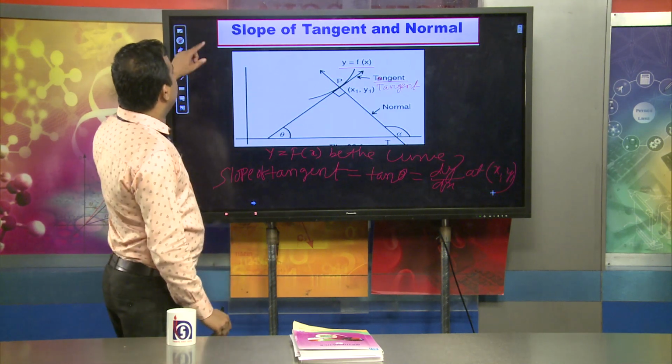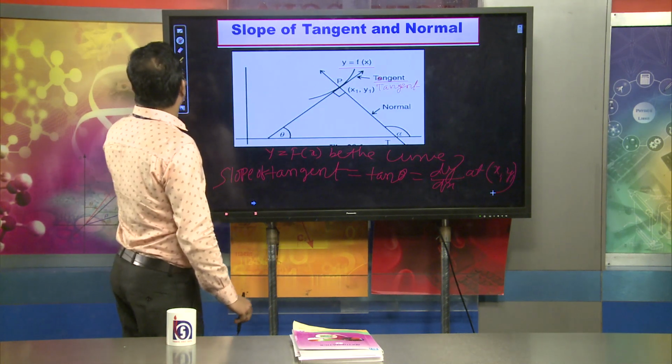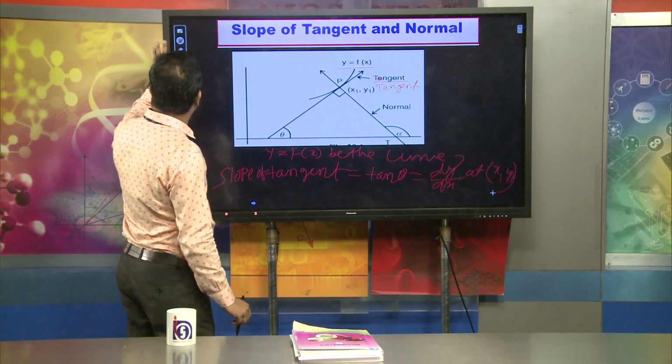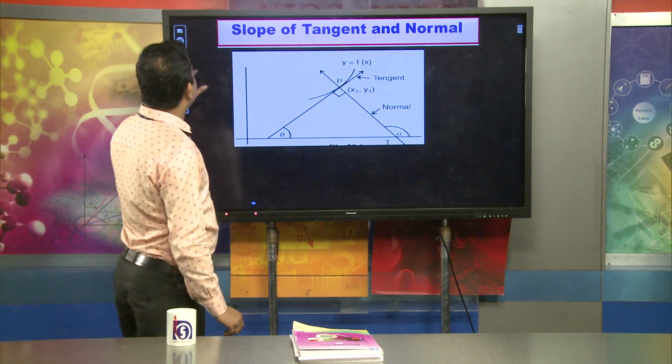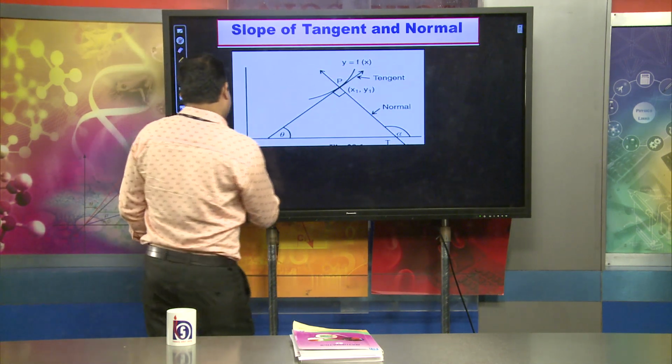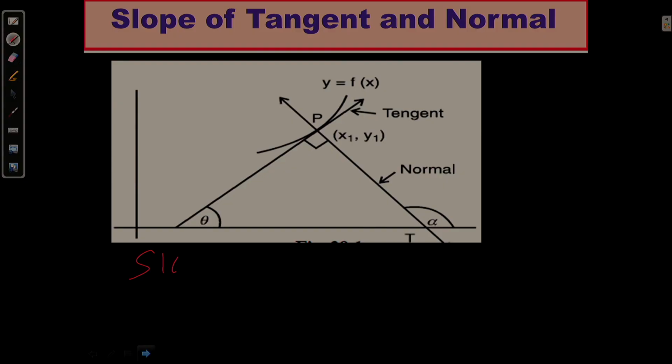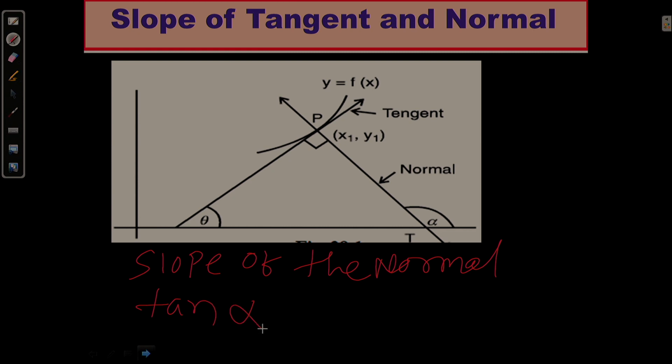When talking about the slope of the normal, that is a very important thing. The slope of the normal is tan alpha, which is equal to tan of (pi by 2 plus theta).